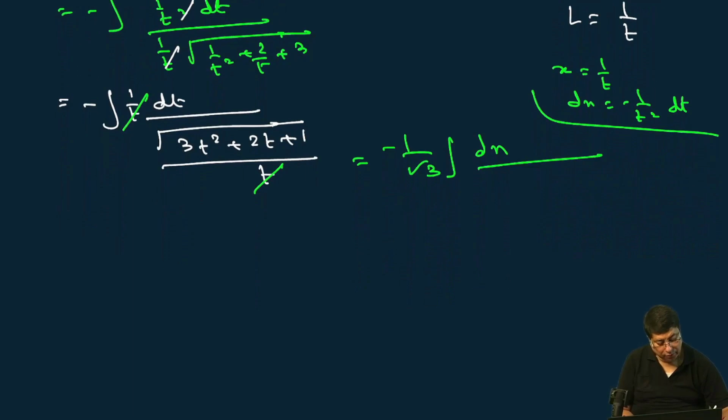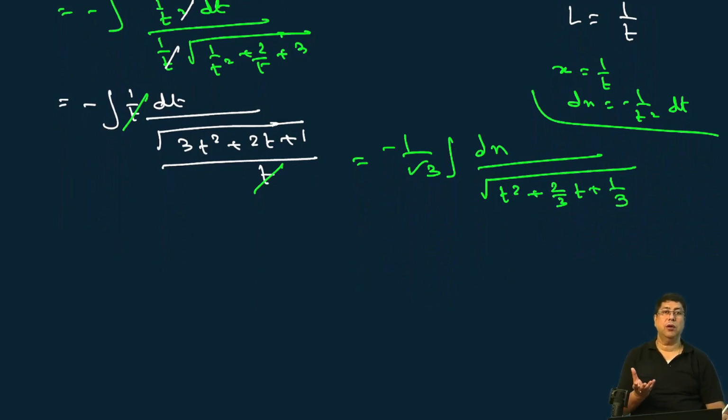In this case, root over of t square plus 2t by 3 plus 1 by 3. So we have to make a whole square.